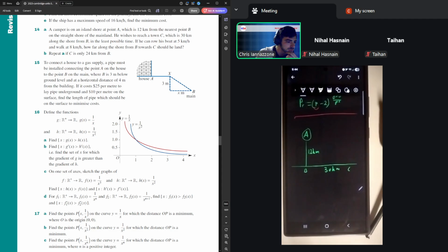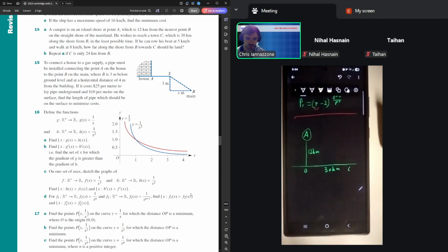One thing I'd get you to focus on is the fact that we're trying to minimize time here. So we've got distance information, we've got speed information, and the thing we're trying to do is minimize time.